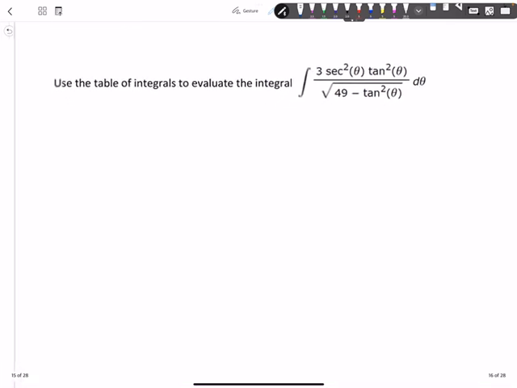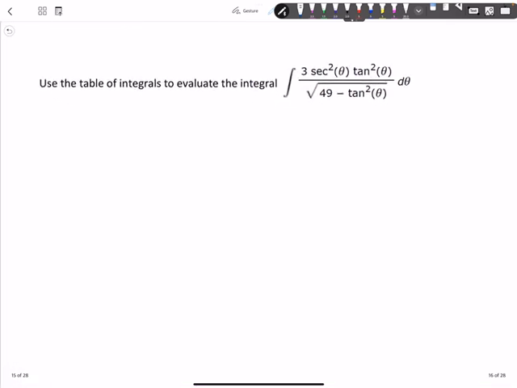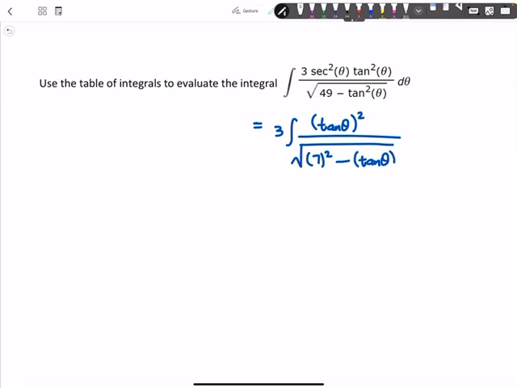We could write this as 3 times the integral of tangent of theta, quantity squared, divided by the square root of 7 squared minus tangent theta squared. And then I will put the secant squared theta d theta out here.